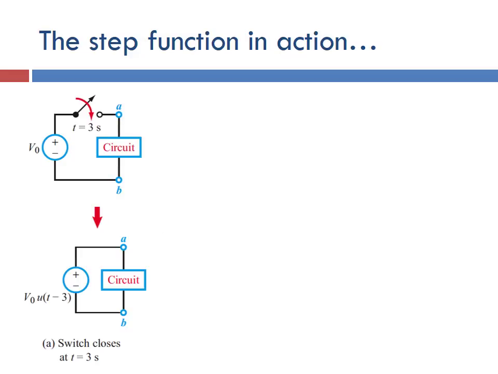So here we have a step function in action, again with a push button. I have a voltage source there, and I throw the switch at t equals 3. The circuit is closed at the time when t equals 3.